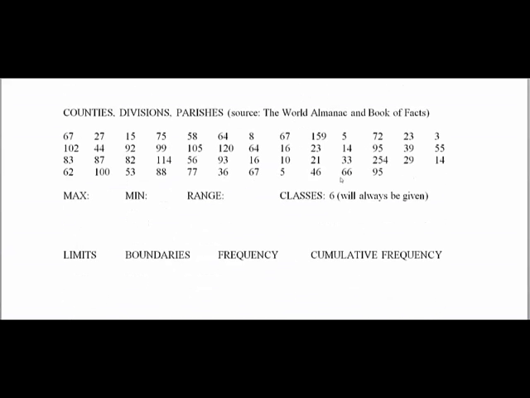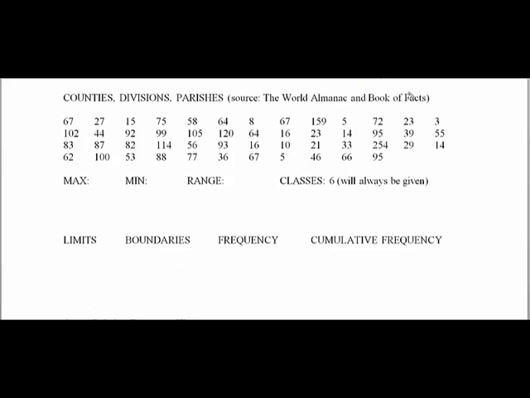So what we have here are these 50 states, and these states are broken into counties, divisions, or parishes. We're going to look at which states have the fewest and the most of these, and at what the book wants us to divide this into.